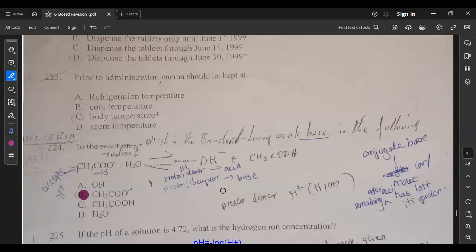Okay, so body temperature. And the storage of enema is at what temperature?